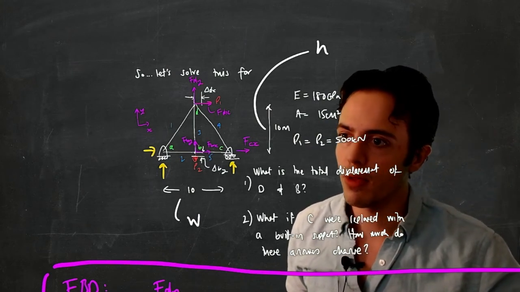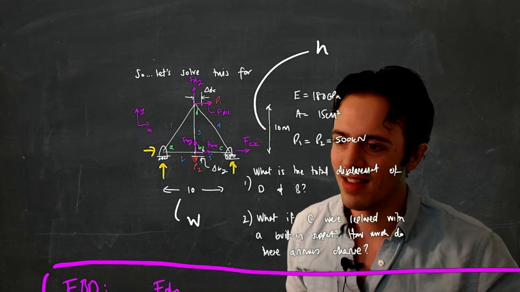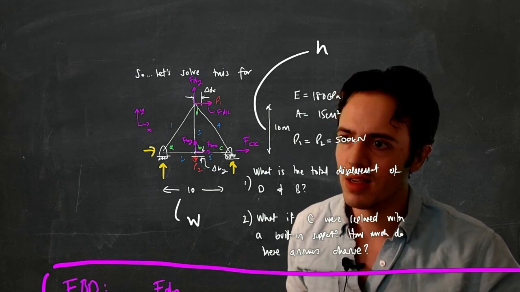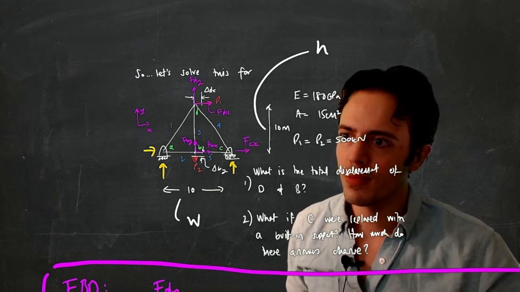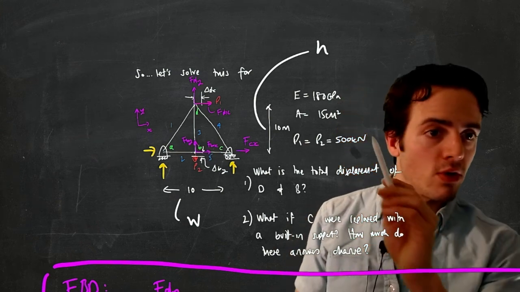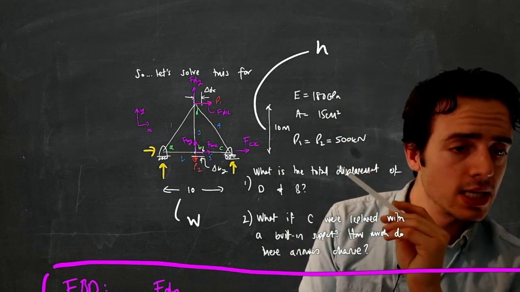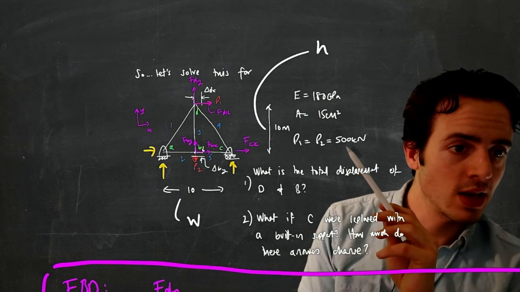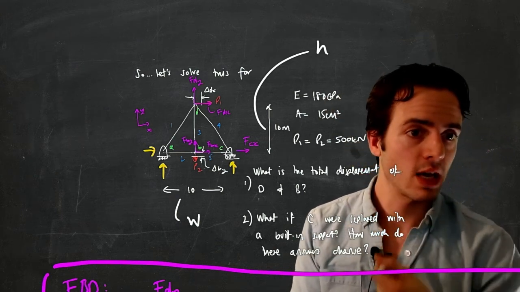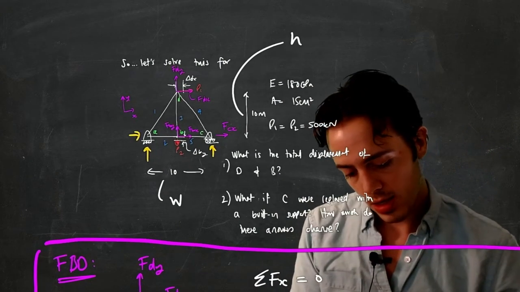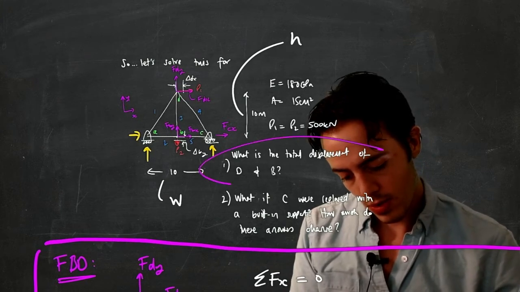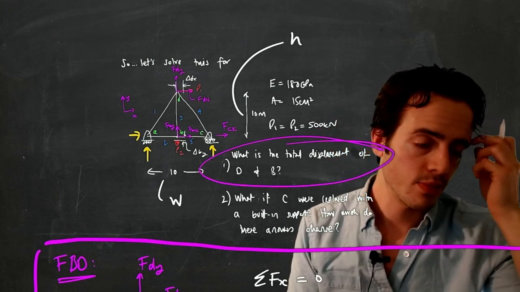Let's check I've actually done all those numbers in here correctly. Yeah, there we go. So we've got a cross-section area of 15 centimeters squared, P1 and P2 are 500 kilonewtons, and Young's modulus is 180 gigapascals. I would like you guys to solve for these displacements using the same method.